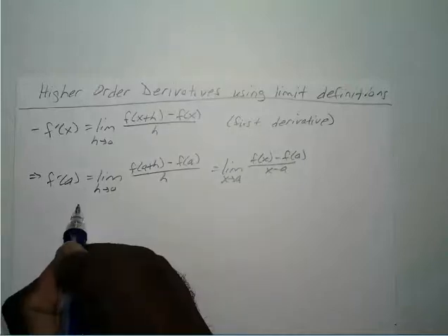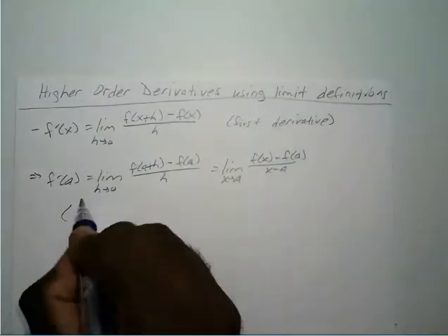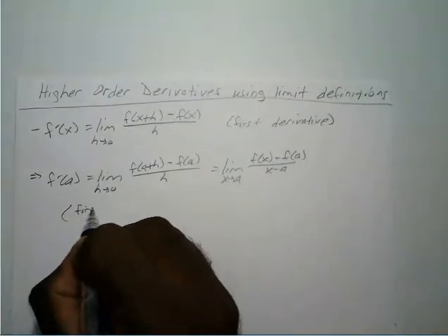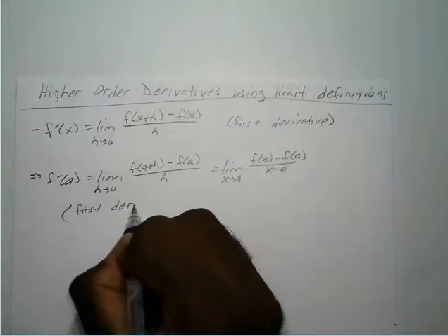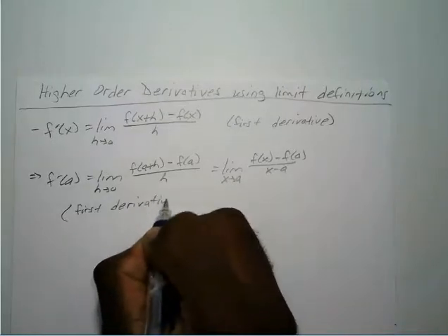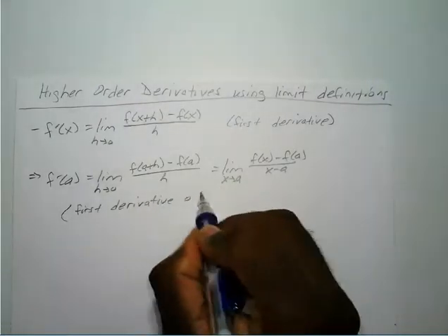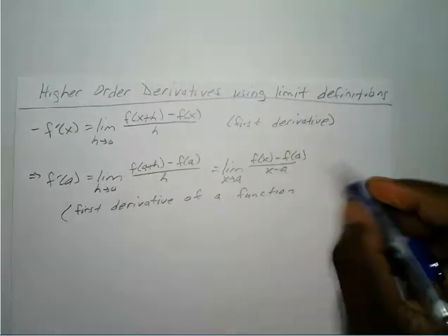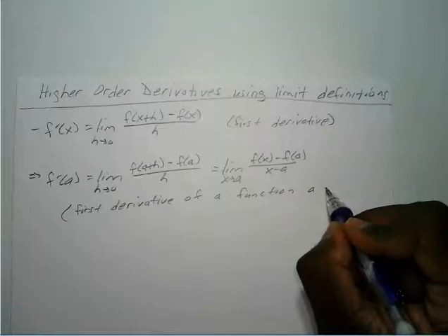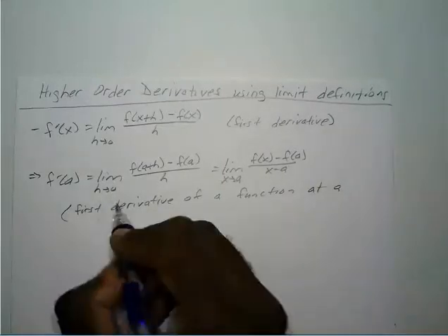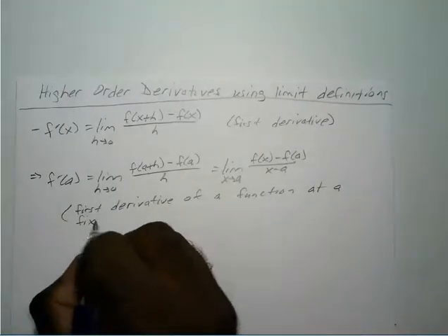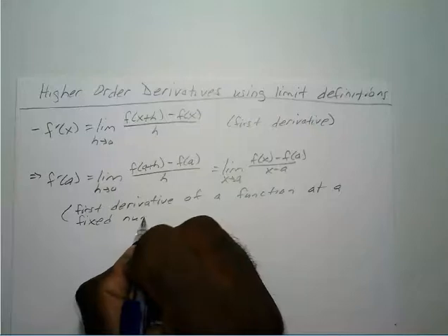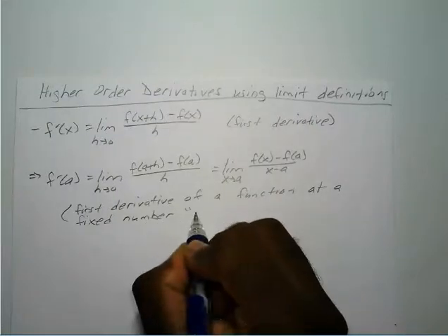Now this is what we call your first derivative of a function at a fixed number that we will call a.